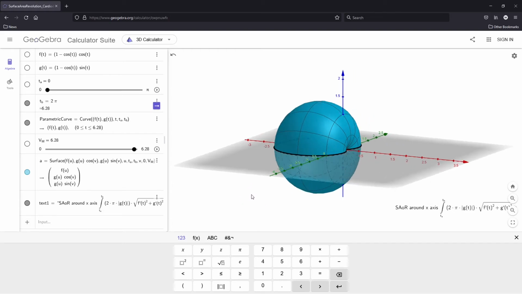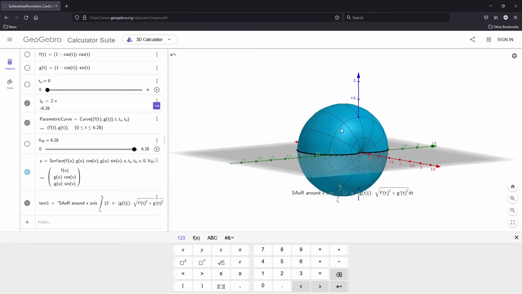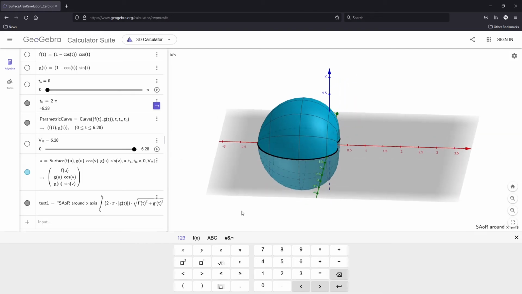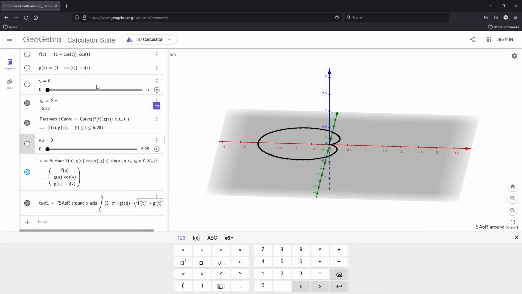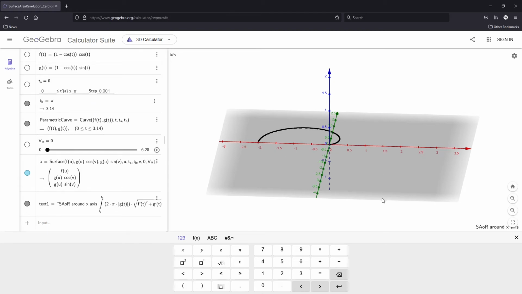So it's really not something that you want to do, and you can see why we're double counting the area. We're going over it twice with this section and this section. So this is why we have to be really careful and have y just be positive here. So I'm going to set the end bound back to pi.